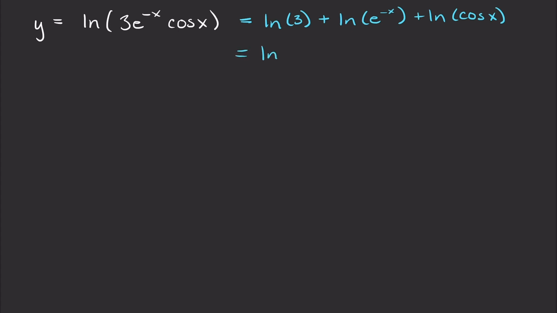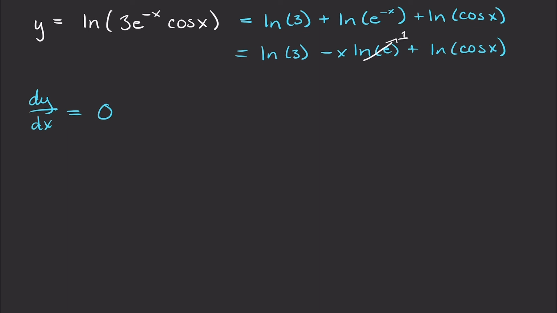So we will get natural log of 3, and I'm going to bring this exponent minus x out in front and get the natural log of e, which is just going to go to 1, plus the natural log of cosine of x. Okay, so now if I take the derivative, the natural log of 3 is just a number, so the derivative is just 0. And then the natural log of e, this is just 1.